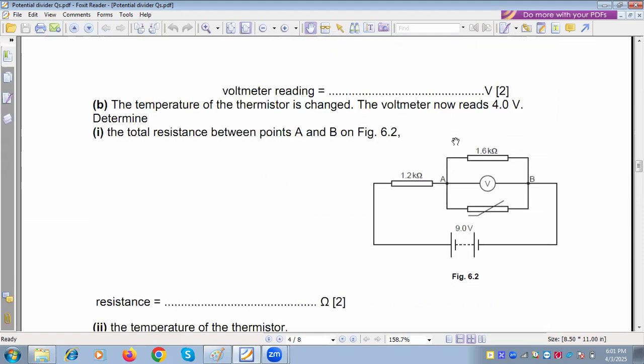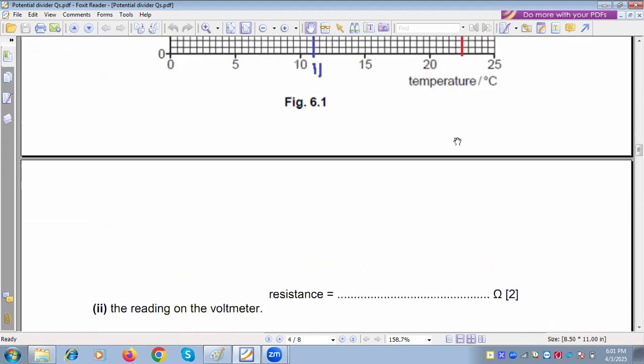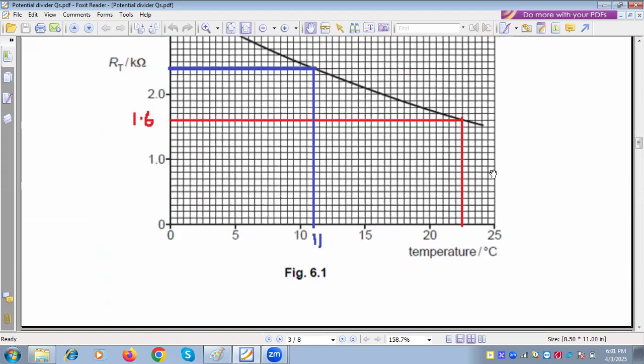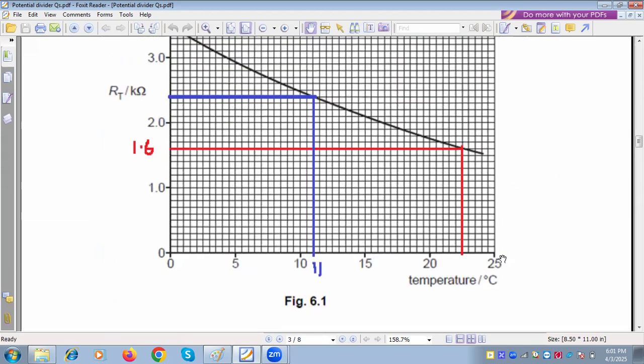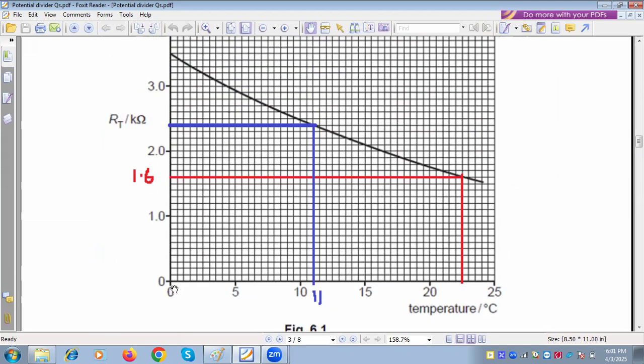Let us see the graph once again. What was the maximum temperature? 25 degrees Celsius. And at 0 degrees Celsius, what is the resistance? 3.5 kilo ohm. So what will be the voltmeter reading? Is this graph linear? First you tell me. No, it is not linear.